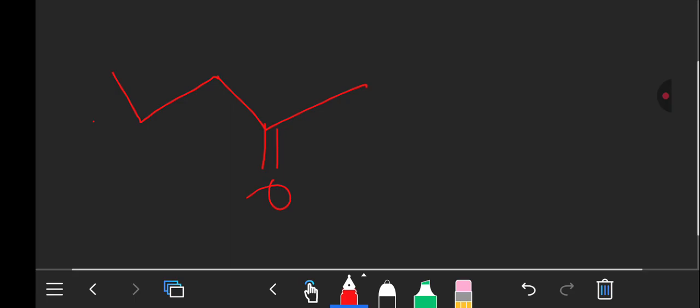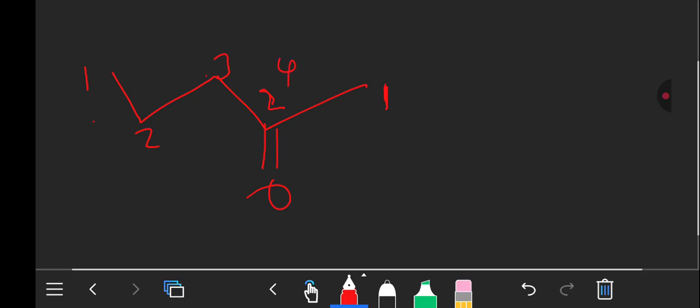If we name from left to right, we have 1, 2, 3, and the carbonyl carbon is existing as carbon number 4.